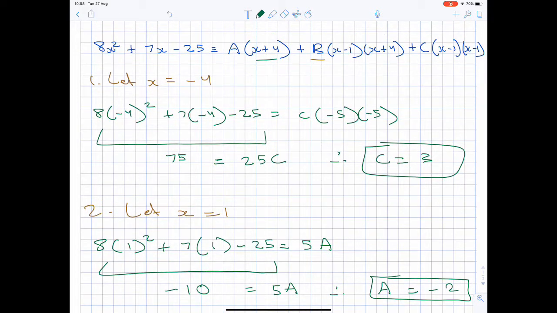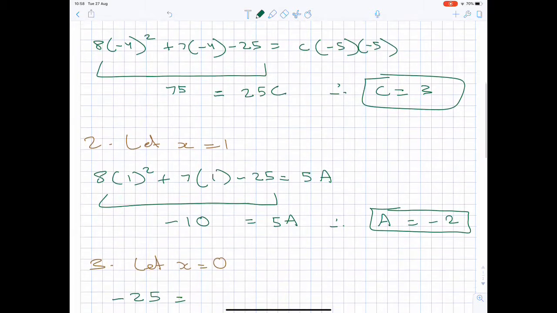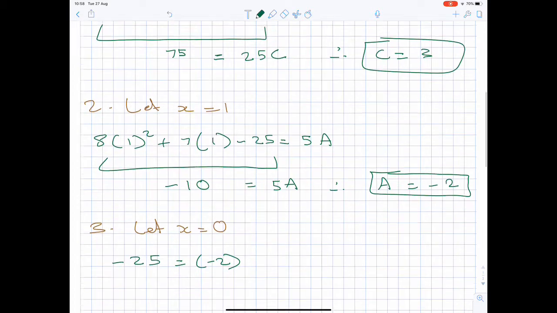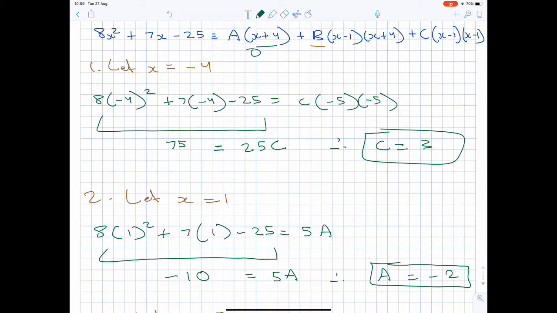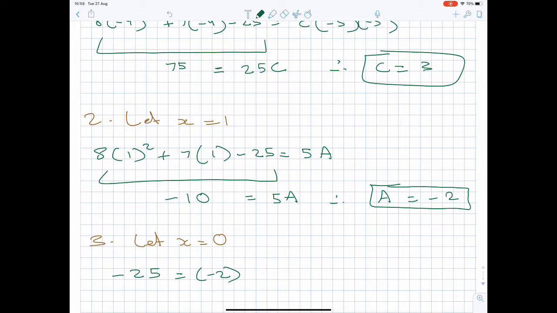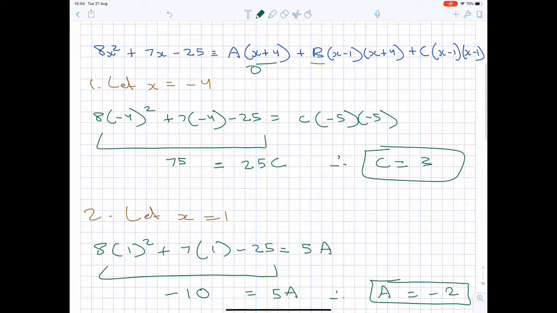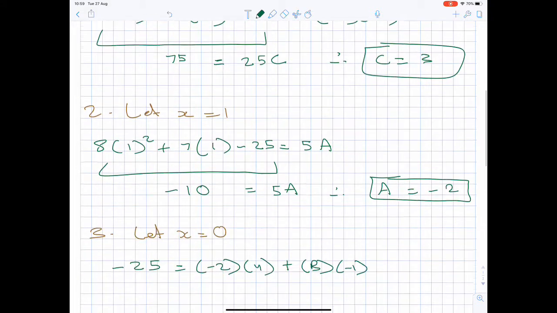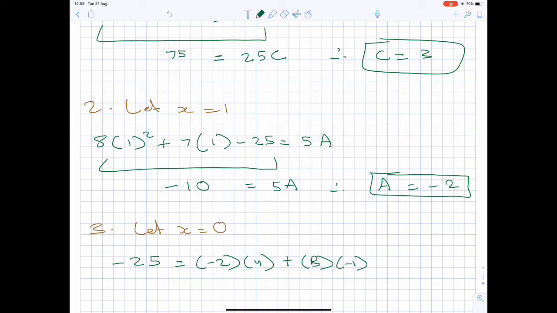The first expression is A times (x plus 4), so A was minus 2, times 0 plus 4, which is 4. Plus B, which is what we're finding, times 0 minus 1, so that's minus 1, and x plus 4, which is just 4.